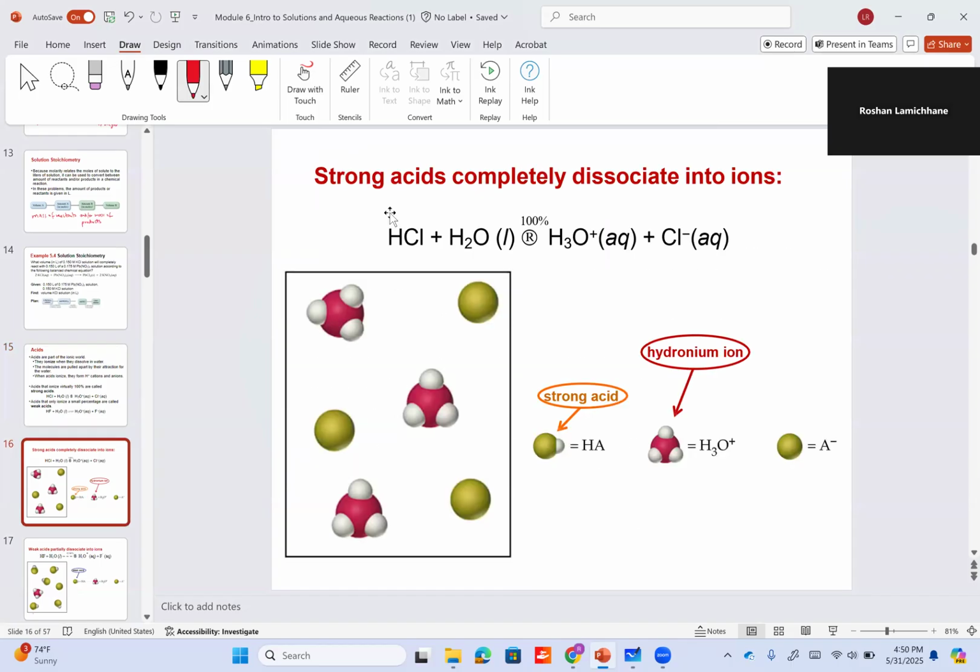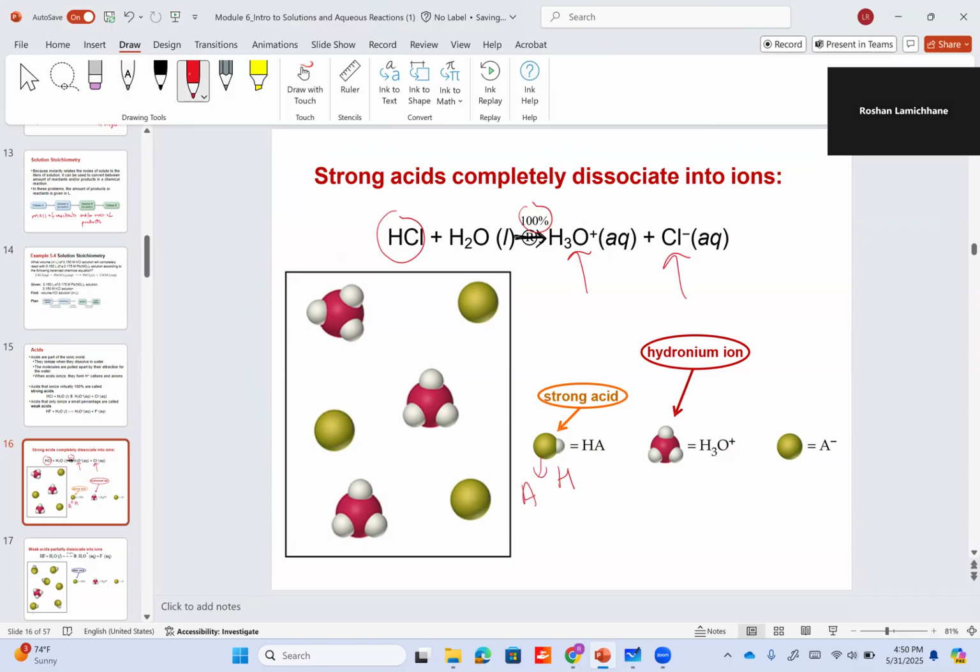So this is what I mean. For example, we just said that HCl and water, they are strong acids. Can you fix this? This shouldn't be an R, it should be an arrow here, like a reaction. 100% of this HCl will react with water to form hydronium ion and then chloride ion, right? So this was my HA. Think about this small gray sphere as H, and this large greenish yellow sphere is my A portion.